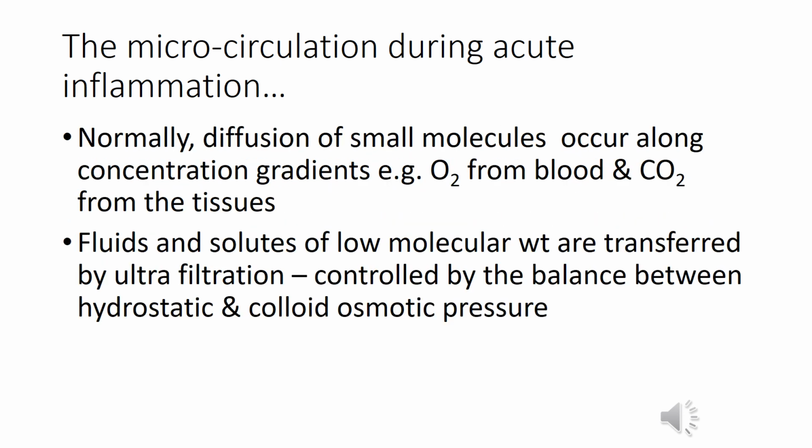Now, let's look at this further. We shall look at what would be the situation in a normal microcirculation, and then compare with what happens during inflammation. We've already seen that under normal circumstances, the bigger capillaries are the principal suppliers of blood through the microcirculation.